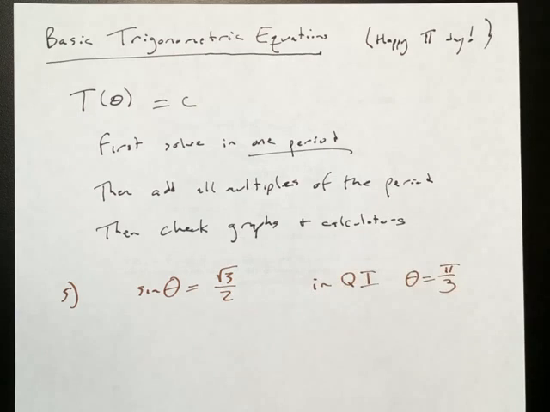But just within the unit circle, that's not the only one. Because we're looking at sine, where else can sine have a positive value? What other quadrant? The second quadrant. All Students Take Calculus, sine. So there's another one in quadrant 2.